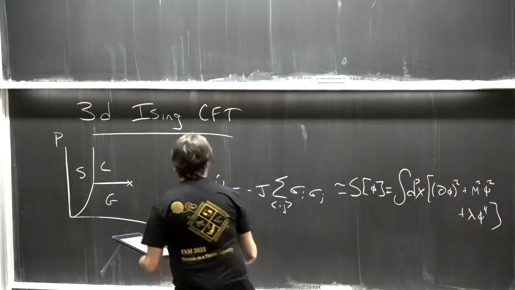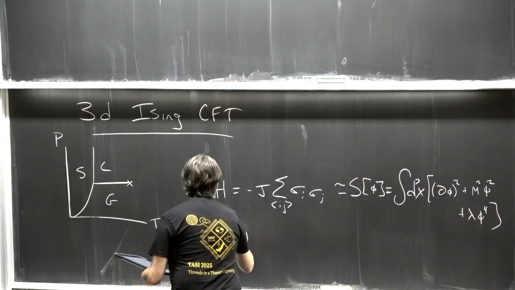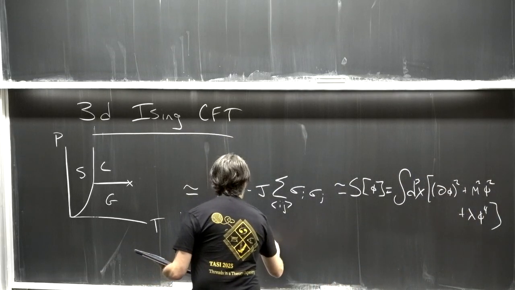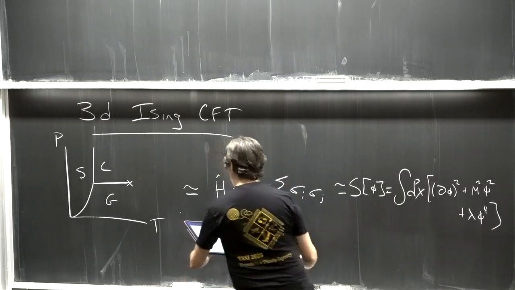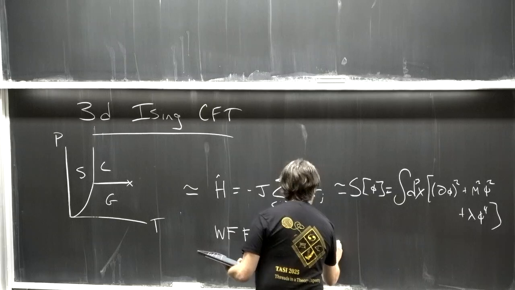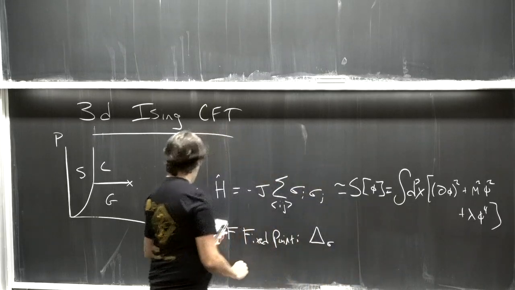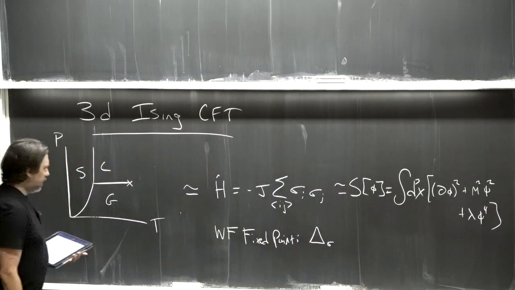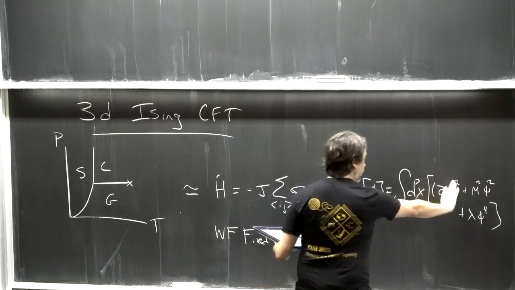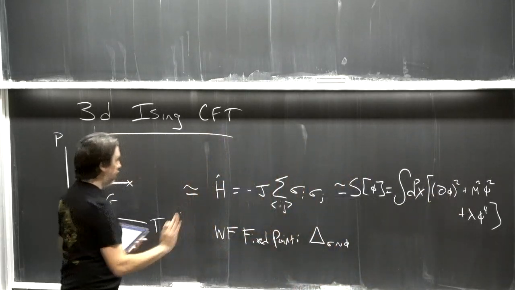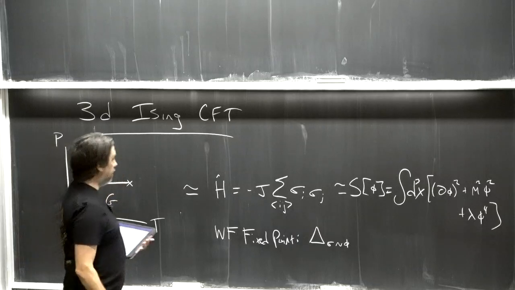So in 4 minus epsilon, we have a scalar operator, sigma, which in this description is, roughly speaking, the phi field.